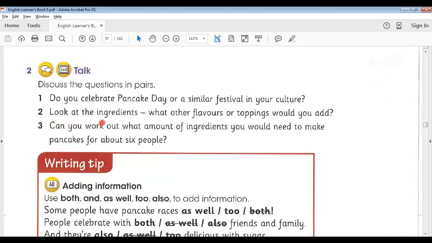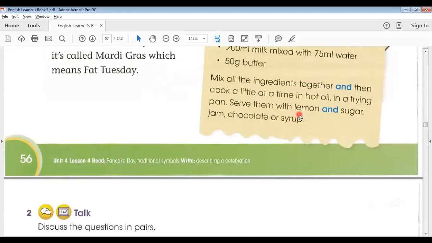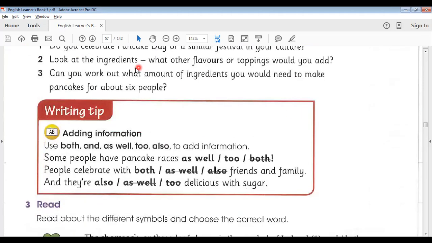Then I asked them to look at the ingredients. What other flavors or toppings would you add? So they talked about their favorite toppings or the favorite ingredients they would like to add in this pancake recipe. Then question 3, can you work out what amount of ingredients you would need to make pancakes for about 6 people?